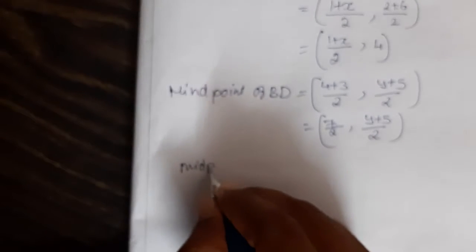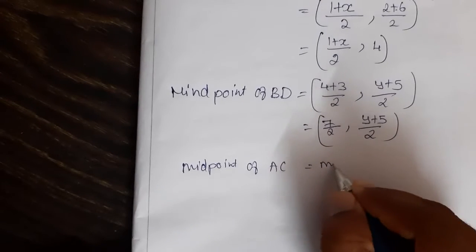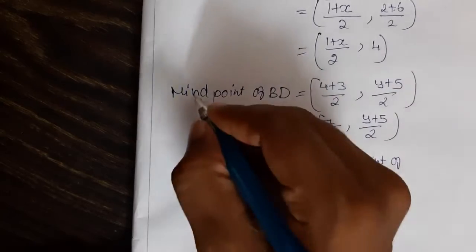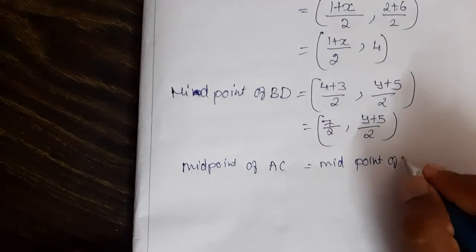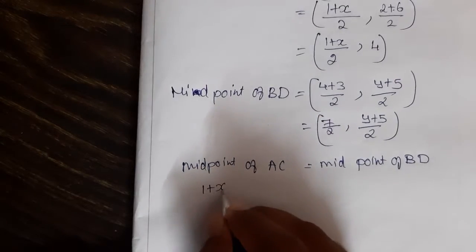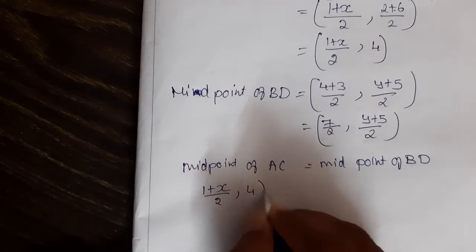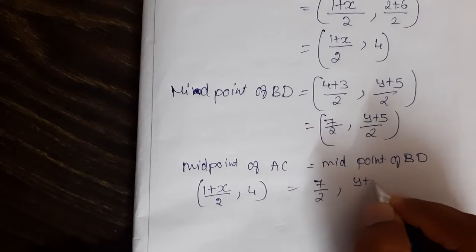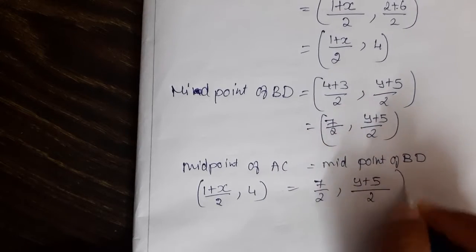So therefore the midpoint of AC is equal to the midpoint of BD. So the midpoint of AC is (1 plus x by 2, 4), which is equal to (7 by 2, y plus 5 by 2).